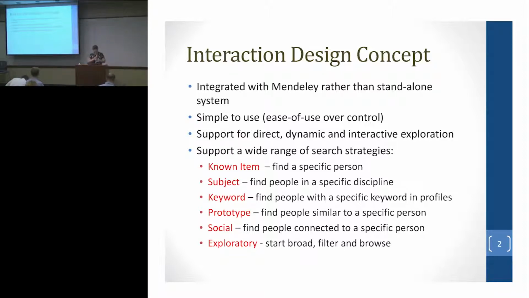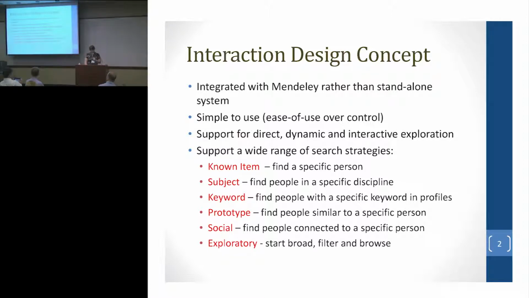And we want to support a wide range of search strategies, so to support the full range of these kinds of tasks. Some of those are the classic known item search, find a specific person. The subject search, find people in a specific discipline. Keyword search across profiles and publication abstracts.